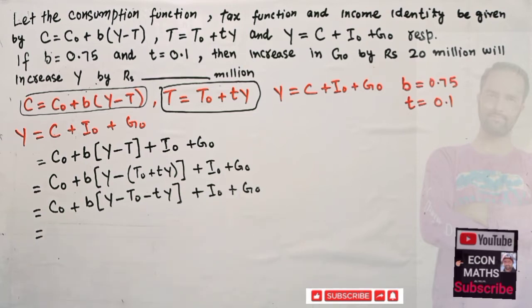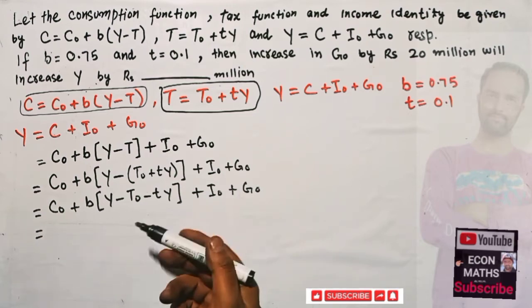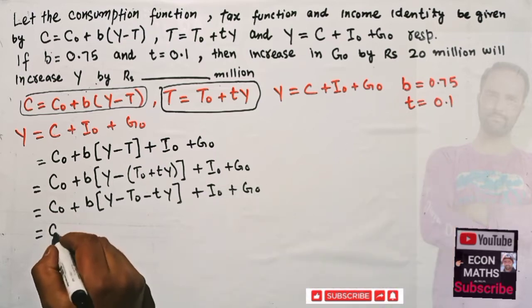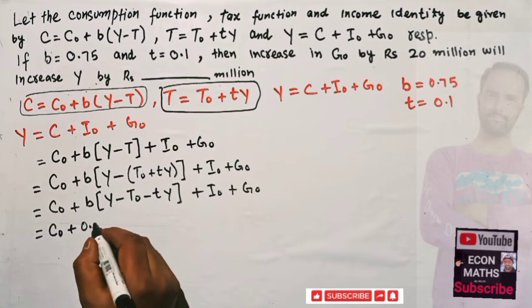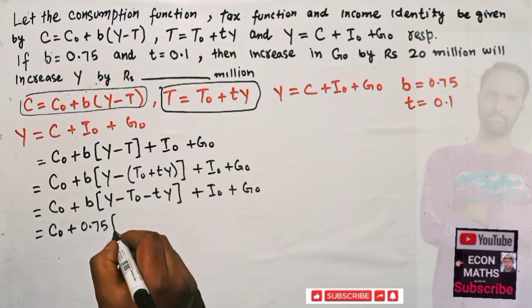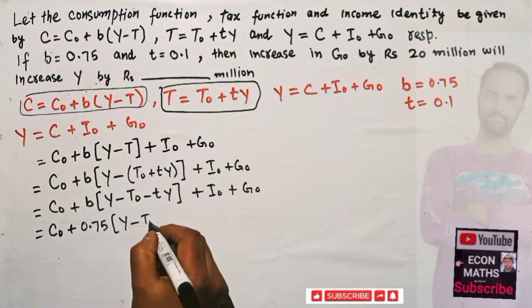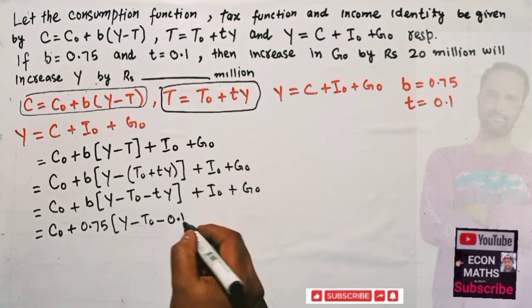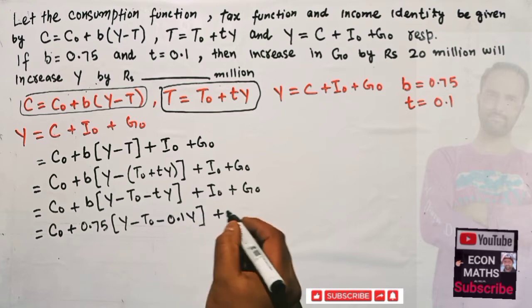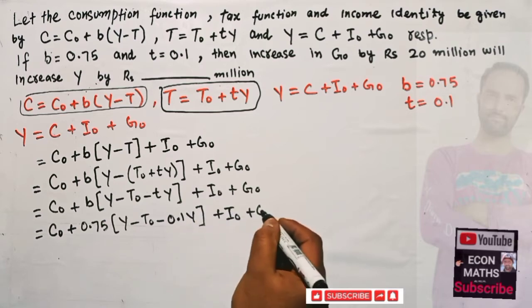Okay, so let's give the variables their values. So we have C naught plus MPC is 0.75, here we have Y minus T naught minus the marginal tax rate 0.1 Y, plus I naught plus G naught.